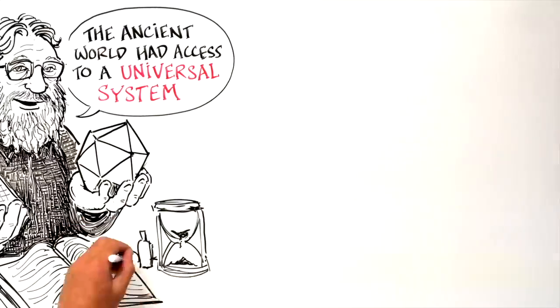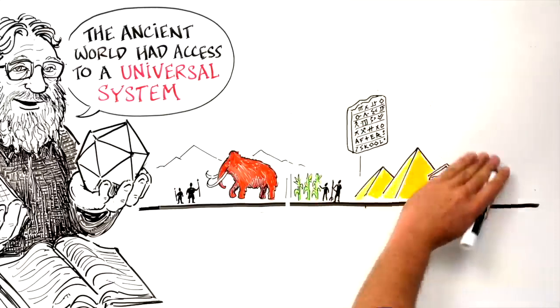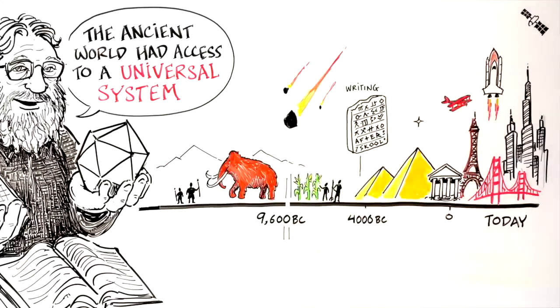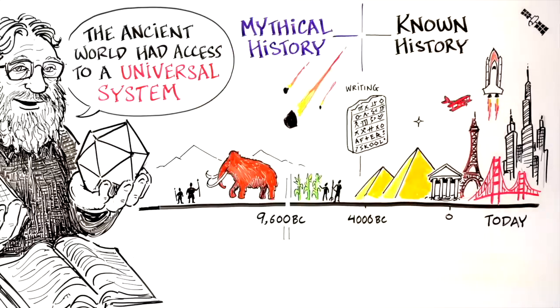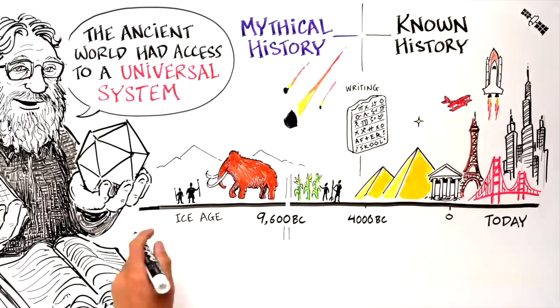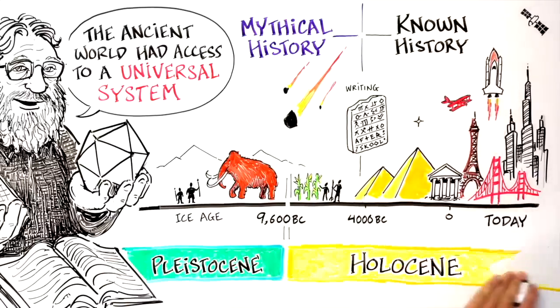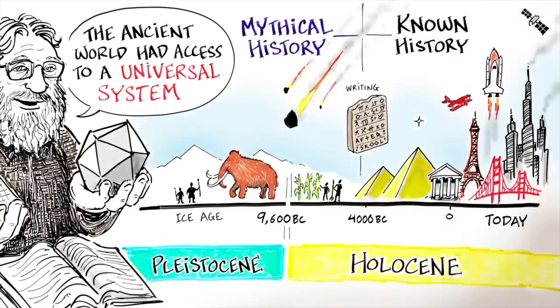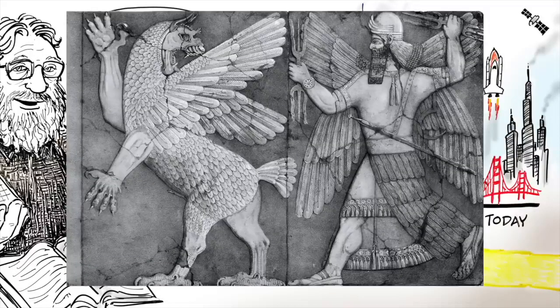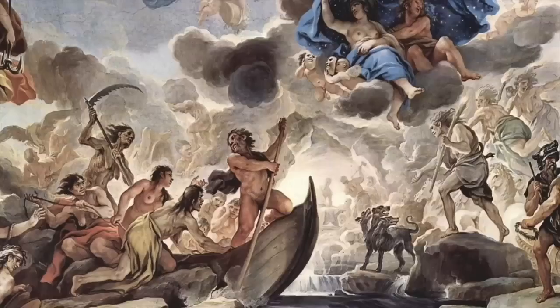And I suggest that the source of that goes back into deep time, that takes us back beyond the threshold of known history into the realm of mythical history, which means we're going back like into the Ice Age, back into the Pleistocene, to use the geologist term, back into the deep recesses of the human tenure on planet Earth, whose only memory has come down to us not in the form of recorded history, but in the form of myth and epic story and legend and so forth.